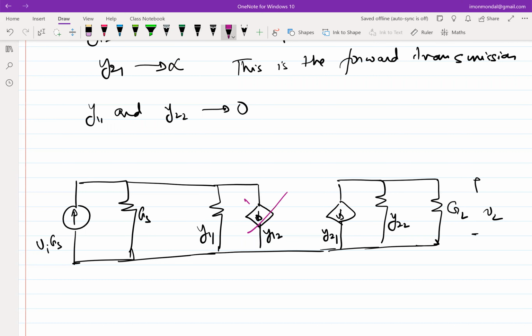So this I am nulling, which means the route from output to input is cut off. So I prevent oscillation.